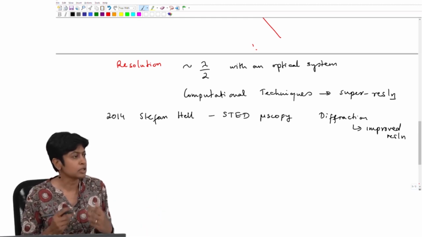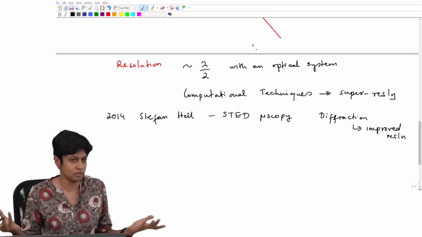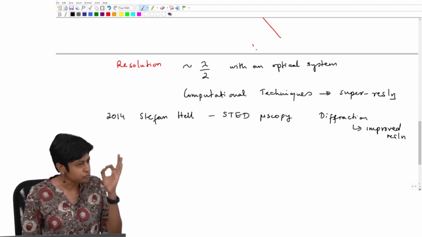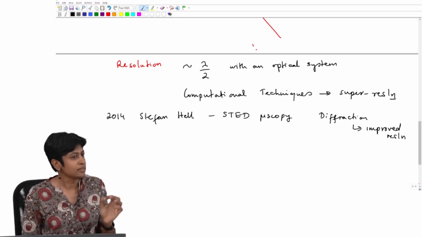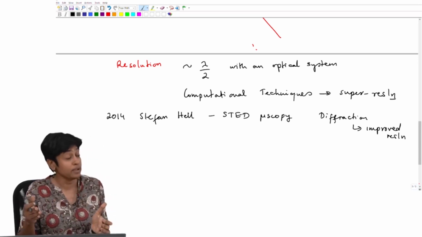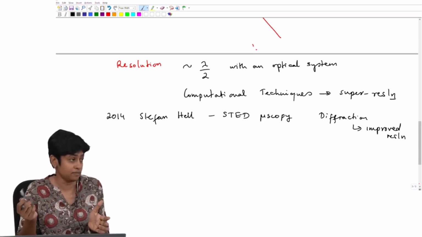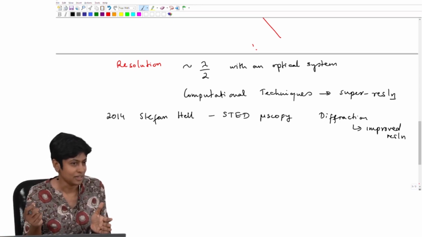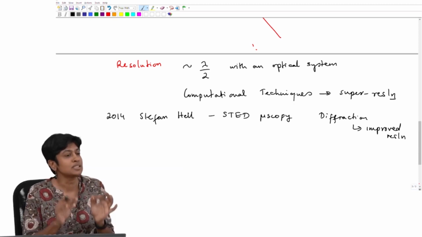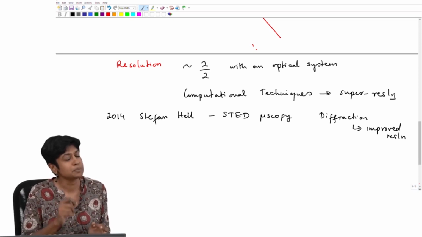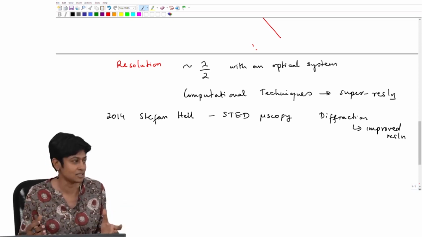But of course, you can't always use lower wavelengths, right? How do you think of geometric optics then? Even when I say lower wavelength, you're reducing the wavelength, but reducing it with respect to what? It is reducing the wavelength you're using for imaging with respect to the size of the object that is being imaged.